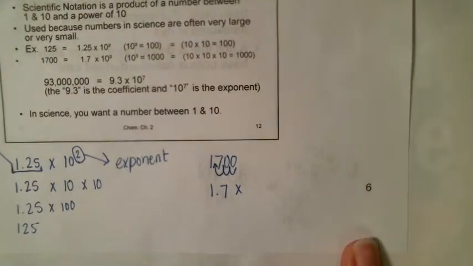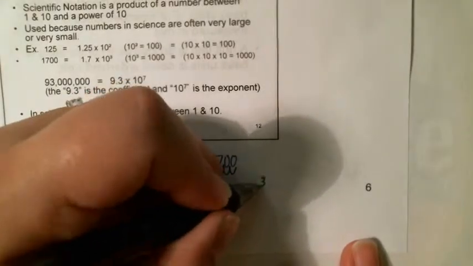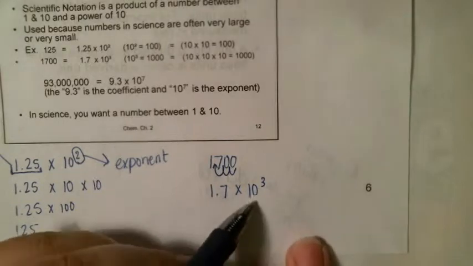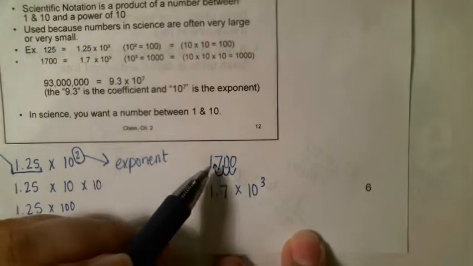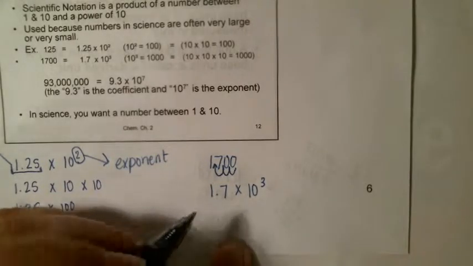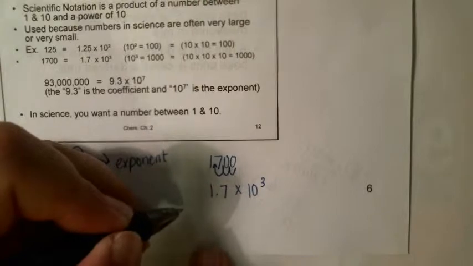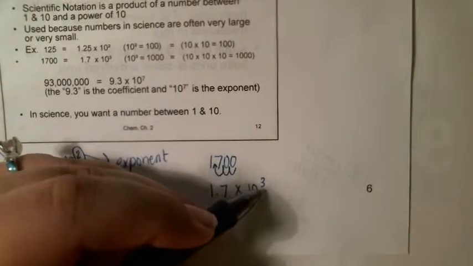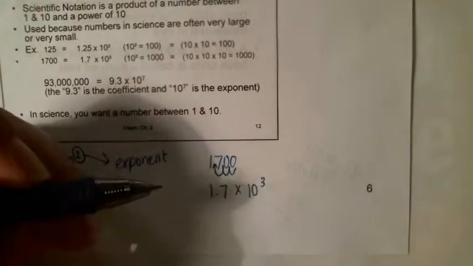And since we hopped it 3 times to the left, our exponent will be positive. Okay. Write this number out again and check that your numbers are equivalent to make sure that you did it correctly. So just to sum up, if you hop your comma to the left to write a number in scientific notation, your exponent will be positive.